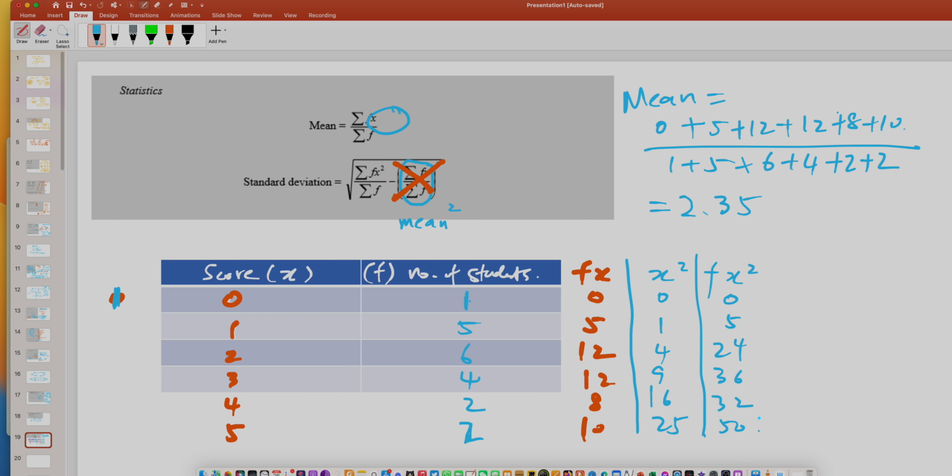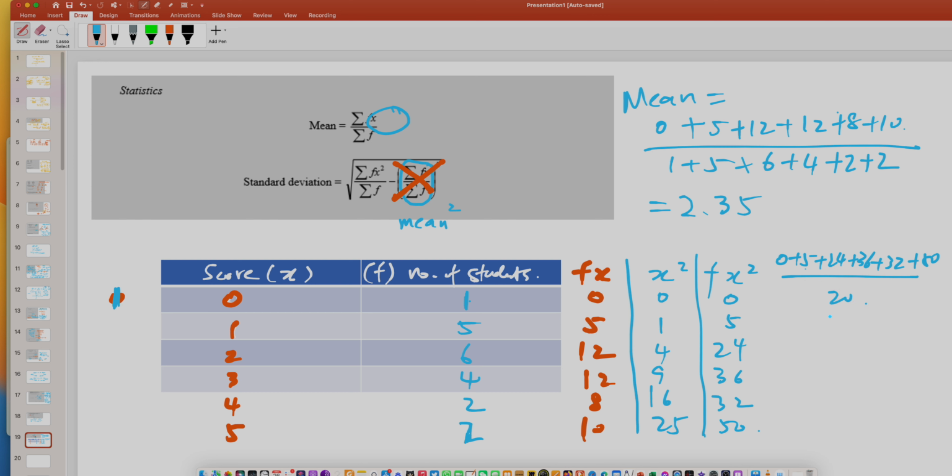Now sum up this fx square: 0 plus 5 plus 24 plus 36 plus 32 plus 50, over the summation of f, which is 20 just now.